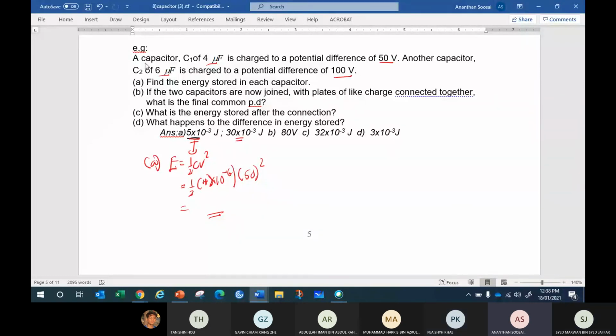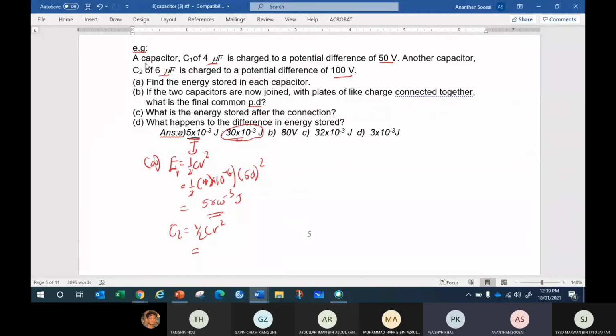How much do you get? 5 times 5 is 25, 25 times 4. Do you get 5 times 10 to the power of -3? You should get this. For E2 it's the same thing, half CV squared. You should get 30 times 10 to the power of -3.